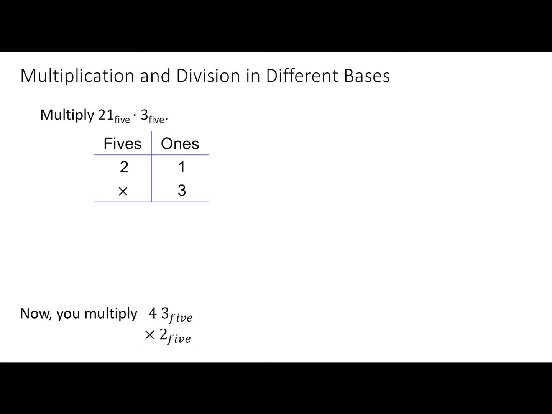So let's do it like we first did when we were looking at base 10. Now these are 5s, so I have 2 5s, or 2 1 zeros, and 1 1 times 3 1s. So that's 2, 0 plus 1 base 5 times 3. Well, 3 times 1 is not so bad.